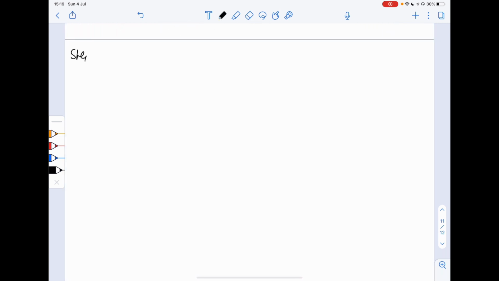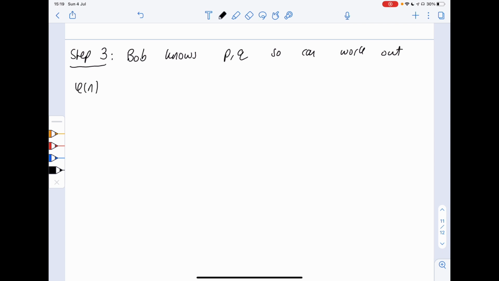So step 3, Bob needs to work out what the message actually is, right? Well, the key thing here is that Bob knows P and Q, so he can work out this magic number we were talking about earlier, phi of N. You don't really need to know how he works this out, but you can just trust me, he can.